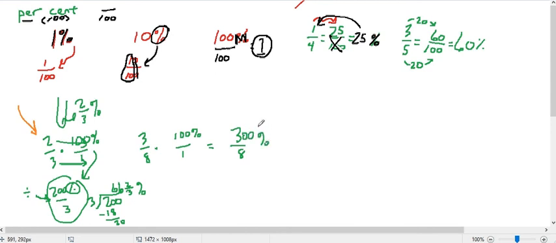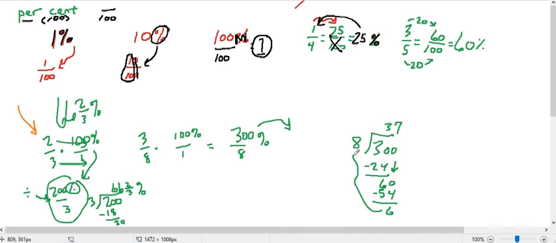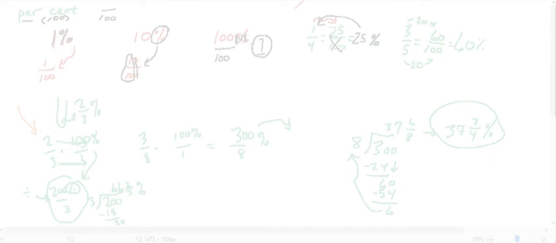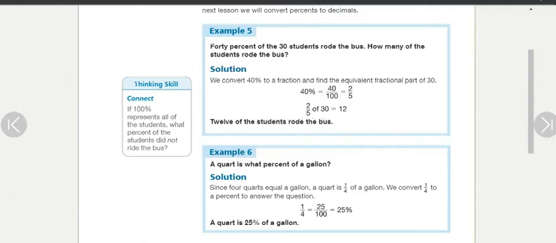Now we want to make it into a mixed number. 8 into 300 fits 37 times, with a remainder of 4. 4 over 8 reduces to 1/2. So the answer is 37 and 1/2%.